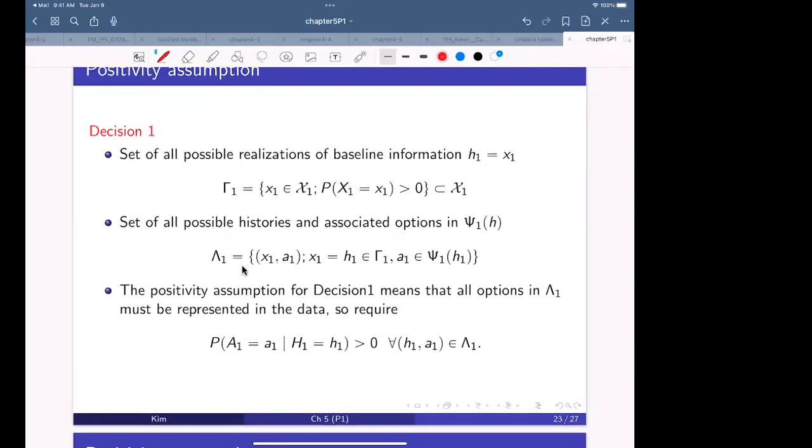But to be more rigorous, we want to clarify what the relevant set is to define this conditional probability.